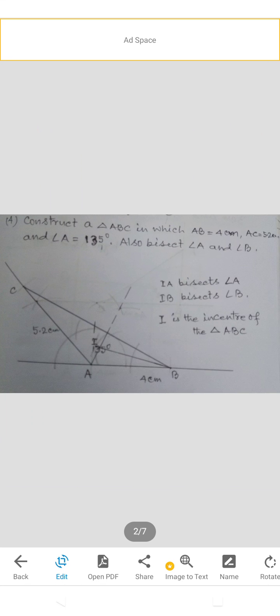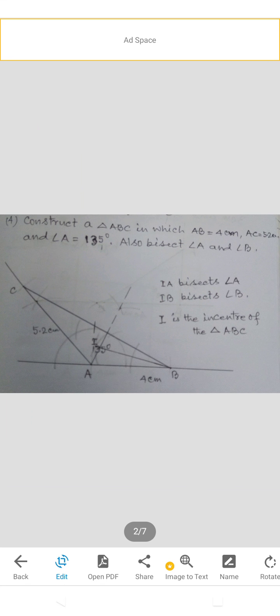So with the help of ruler and compass, construct the angle BAC equal to 135 degree. Now with A as a center and AC equal to 5.2 centimeter as a radius, they intersect at C. Join BC.